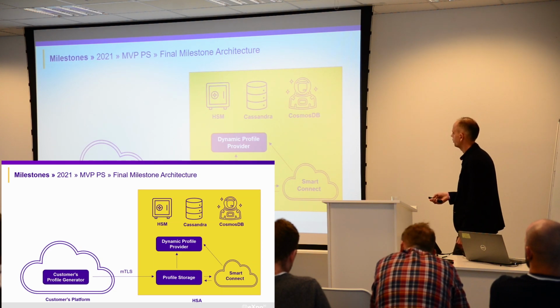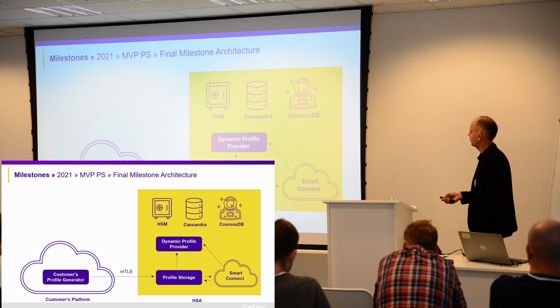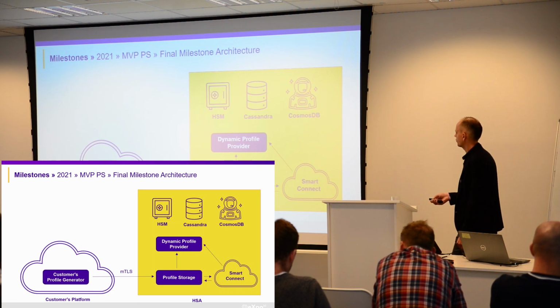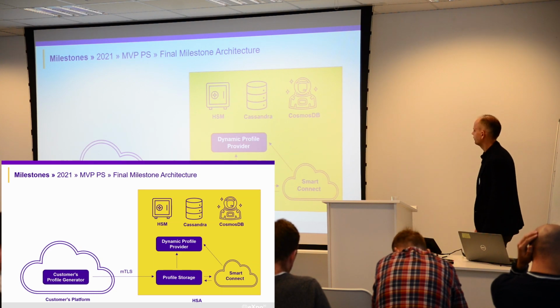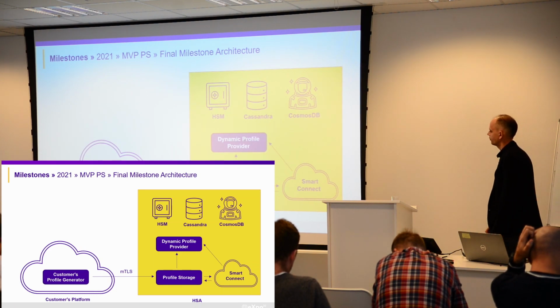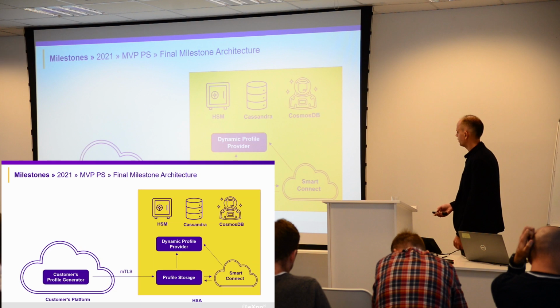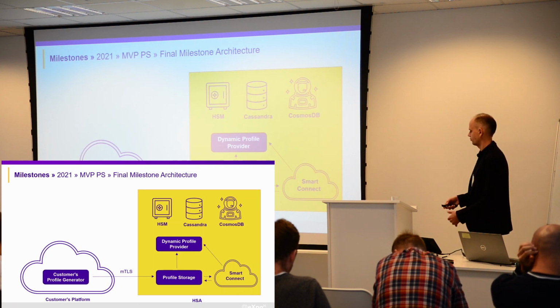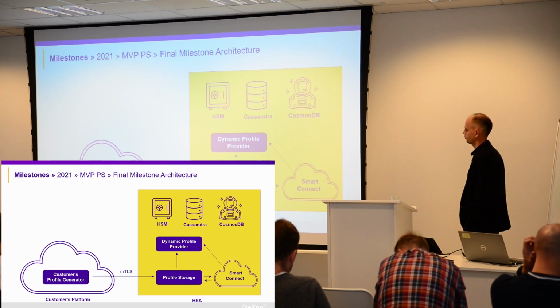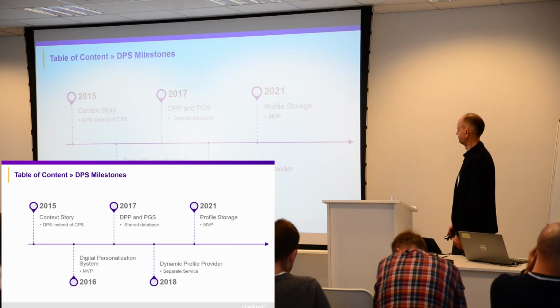And we will have to have some kind of integration with the profile provider. So the smart connect can ask us and it should be transparent for SMDP whether it's asking the profile storage or the profile provider. If the storage does not have this kind of profile, then probably we should generate it ourselves.